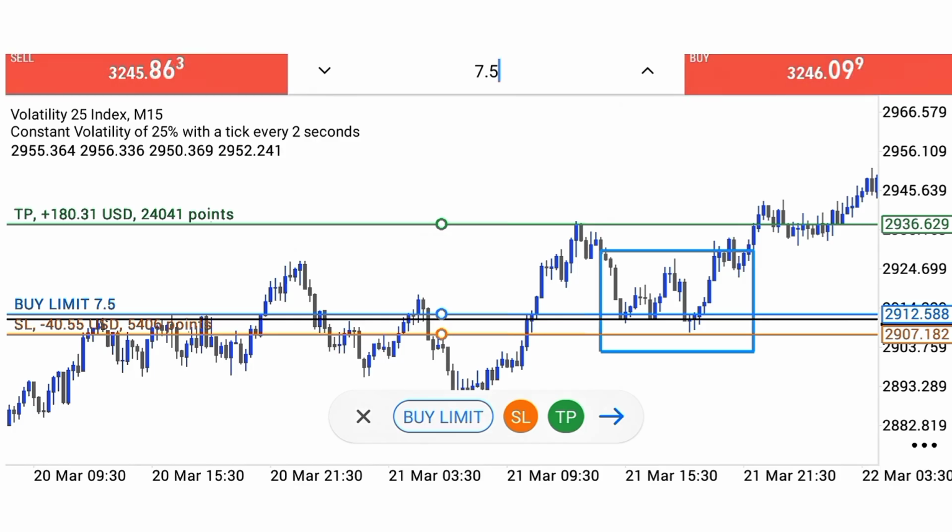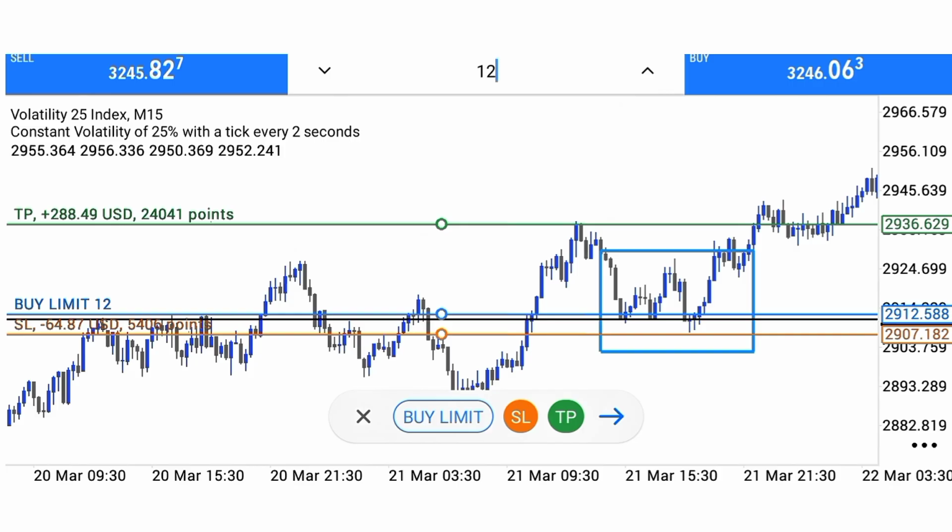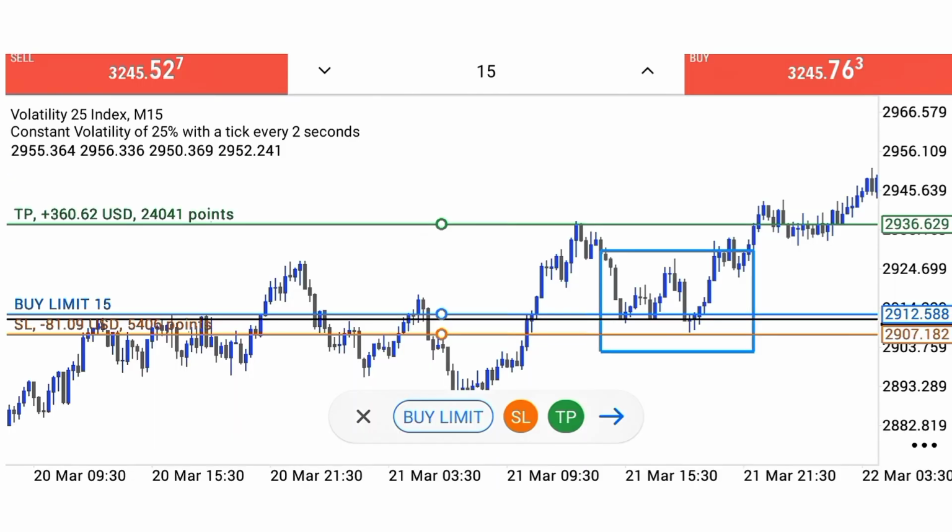Let's say you're risking $100 on this trade. That will be 300 something. So let's look at it. We use 7.70 for $40. Let's say we can use 12 for 100. Okay, 12 is still $64. Let's go with 15. 15 is still $81.